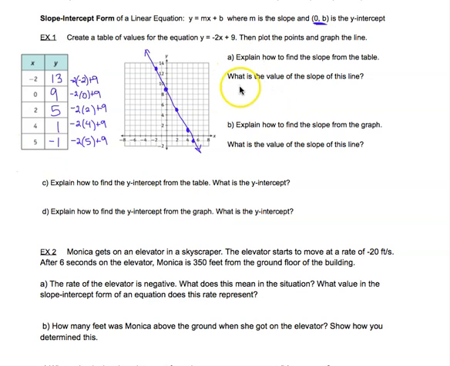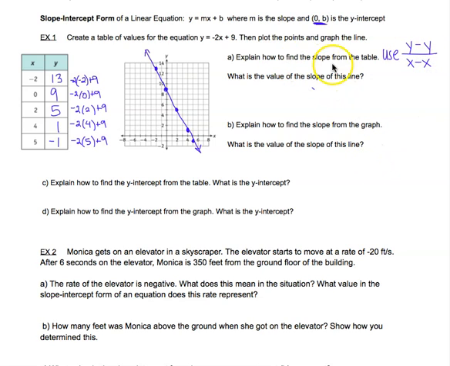All right, so part A, explain how to find the slope from the table. So you should definitely know this. This is what we did way back in section 9.1. So about a week it's been since we did that. So you should say use y minus y over x minus x.